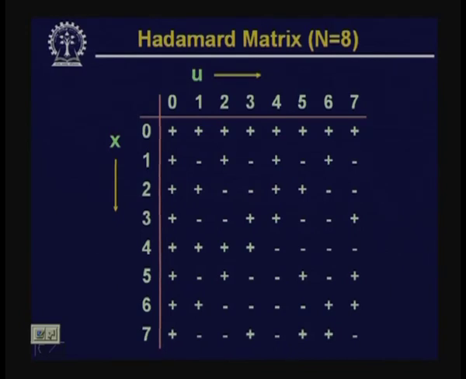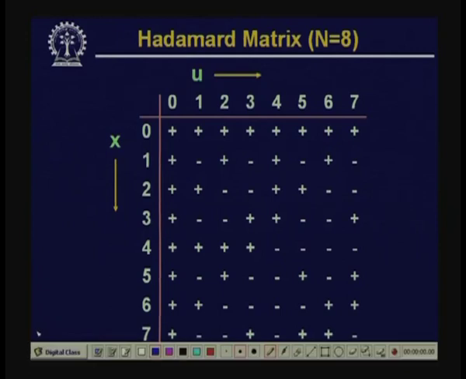Now, if you analyze this particular Hadamard matrix, you will find that it is possible to formulate a recursive relation to generate the transformation matrices. Now, how can that be done?